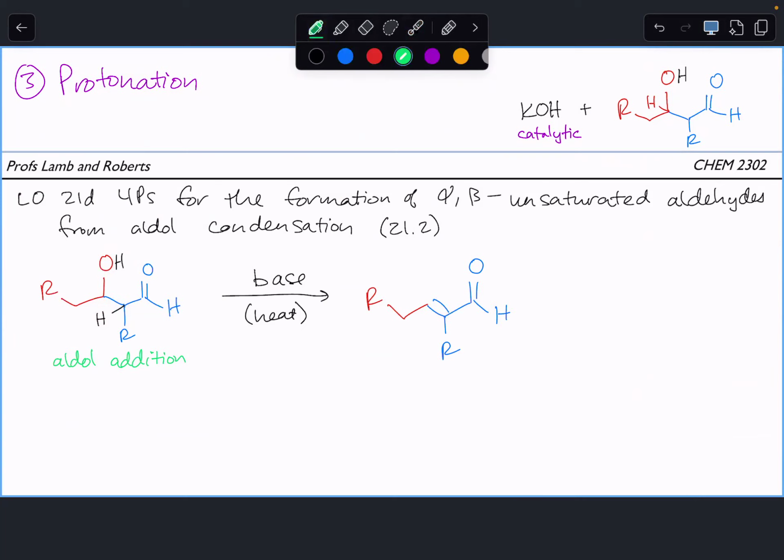Okay, so this is our aldol condensation product, which is also called an alpha beta unsaturated aldehyde.